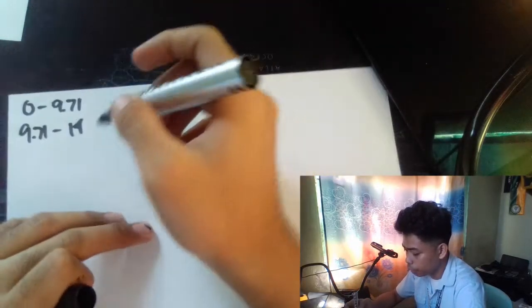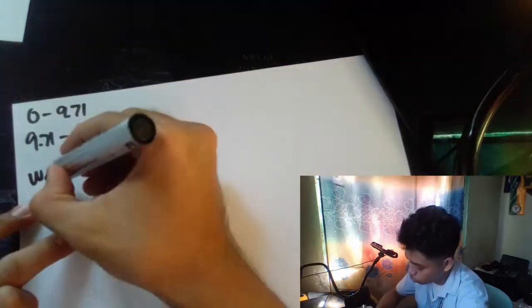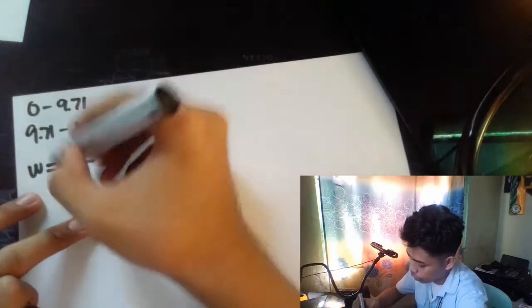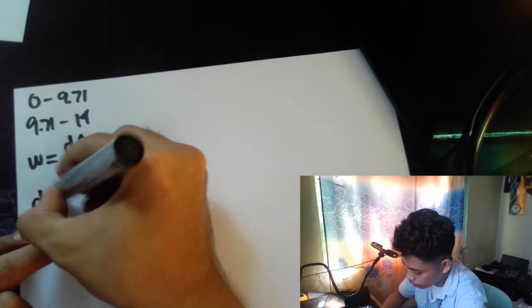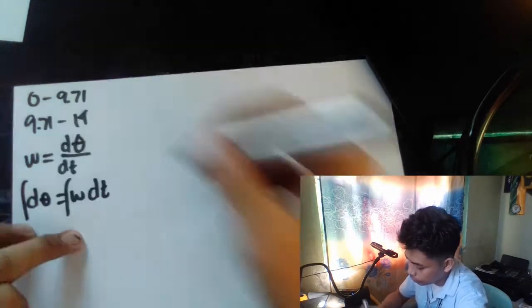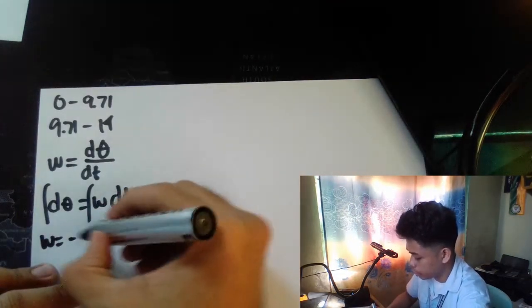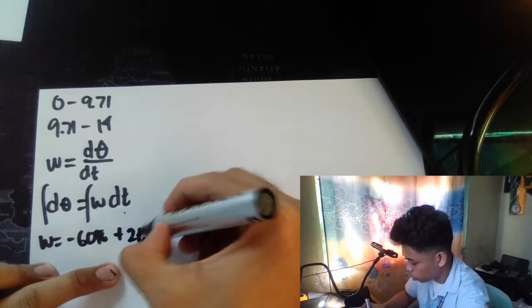To find the revolutions, we use the formula ω equals dθ over dt. Rearranging to integrate, dθ equals ω dt. We use the ω we got from number 1, which is negative 60π plus 2t squared.